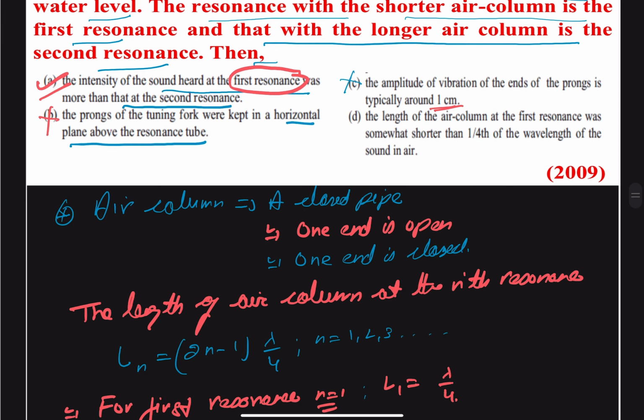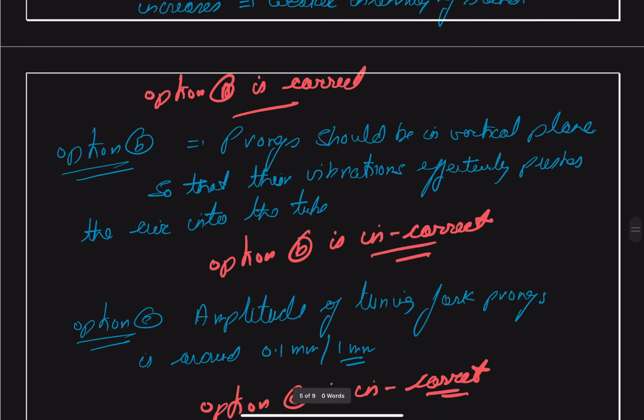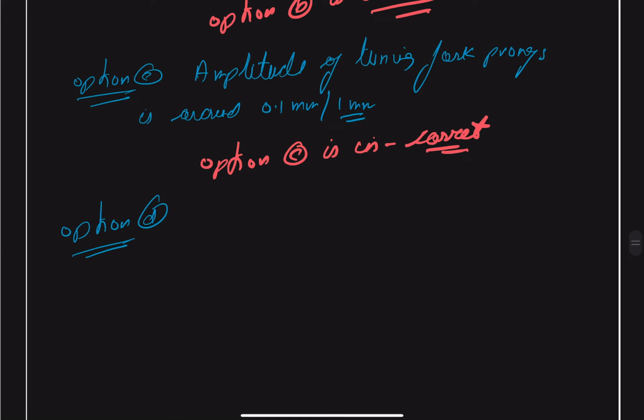And we are left with option D now. Option D says that the length of the air column at the first resonance was shorter than 1/4 of the wavelength of the sound in air. This is related to the end correction.